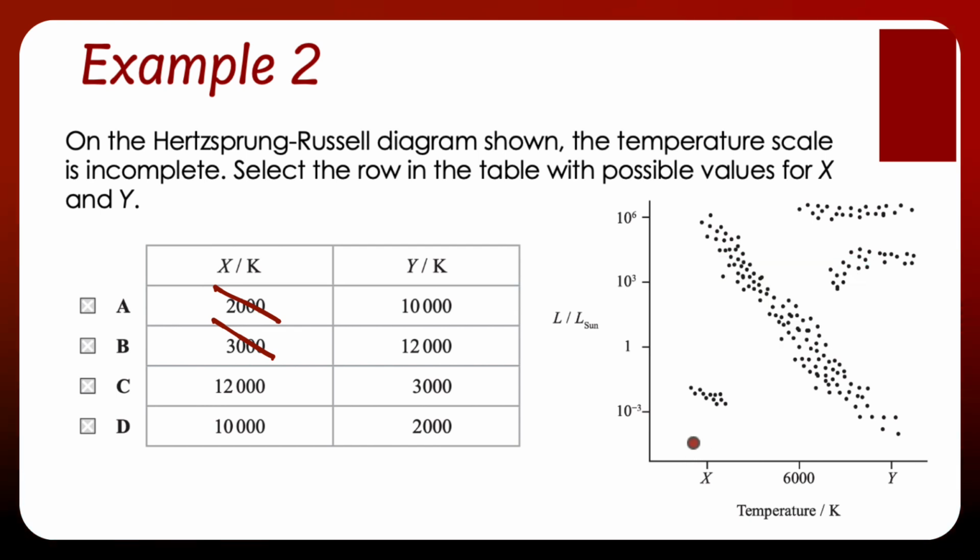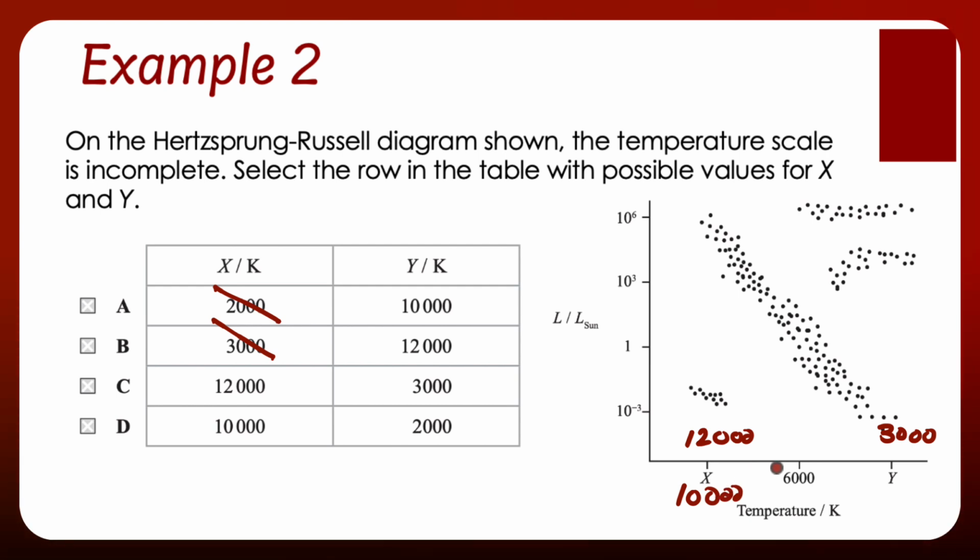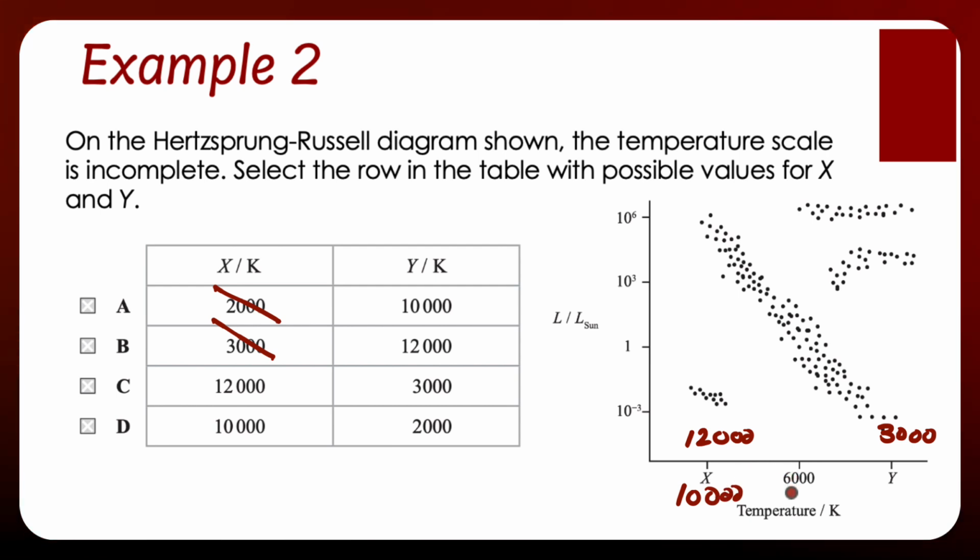Now let's just check these out. If I had 12,000 here, that would be 3,000 here. Now notice, divide by 2, divide by 2. Maybe. Let's just double check that the other one works or not. If this was 10,000, I've gone down by subtracting 4,000.